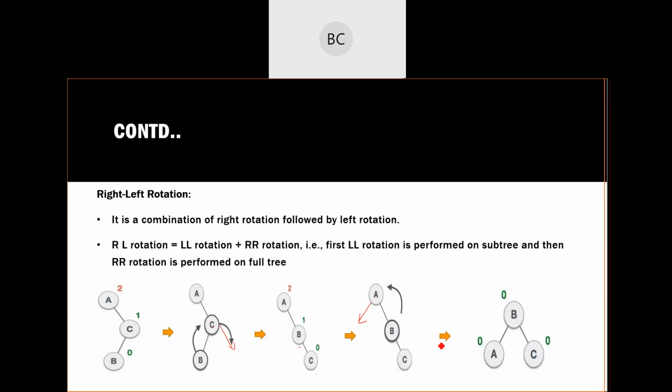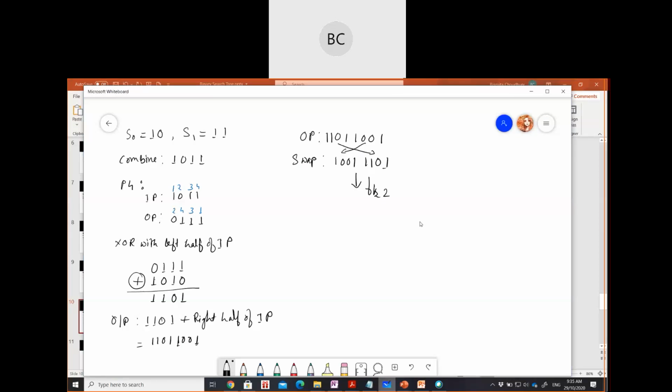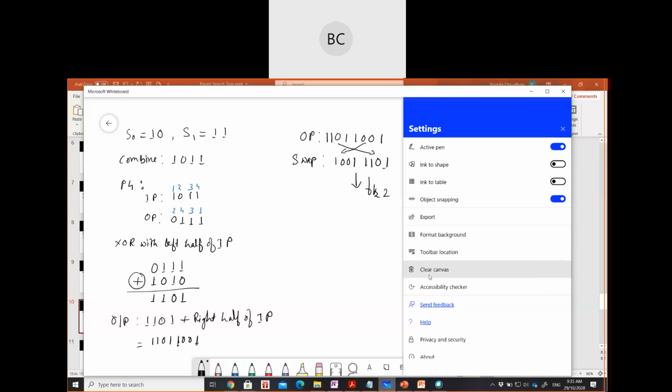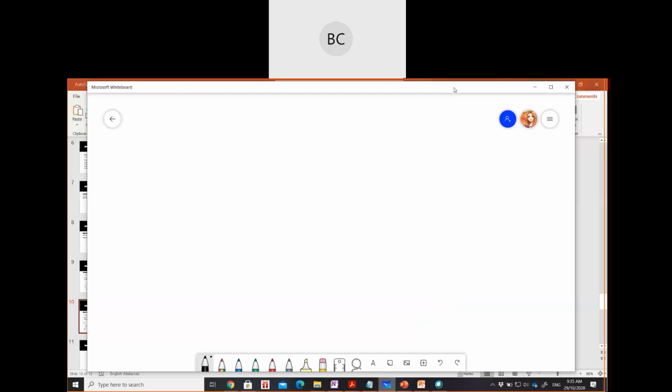Okay, let's do an example, it will be clear. Suppose we want to construct an AVL tree.